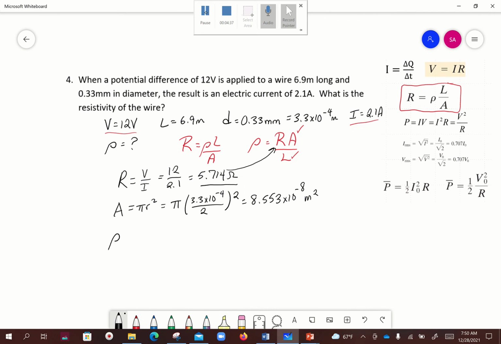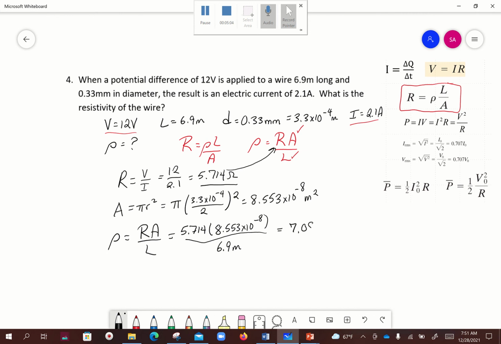So resistivity rho is equal to R A over L. So my resistance, 5.714 times my area, 8.553 times 10 to the minus 8, and divide by the length, which is 6.9 meters. And I get a resistivity.